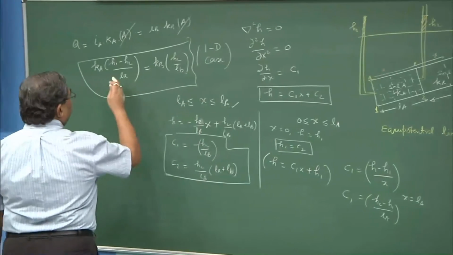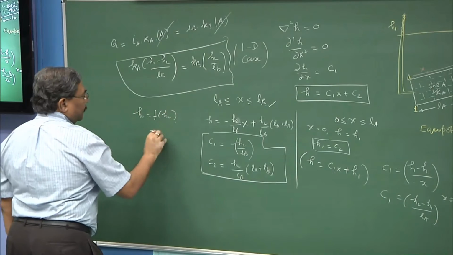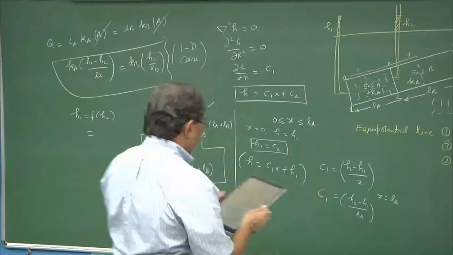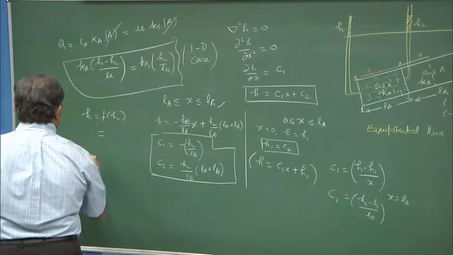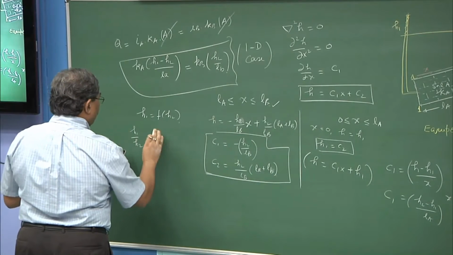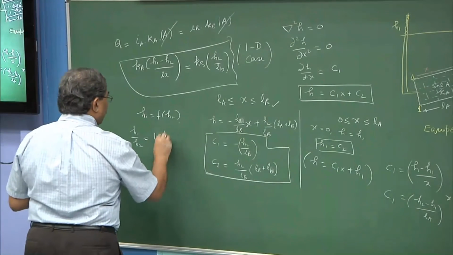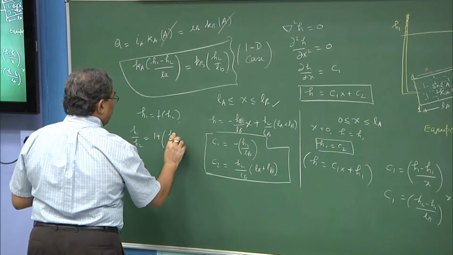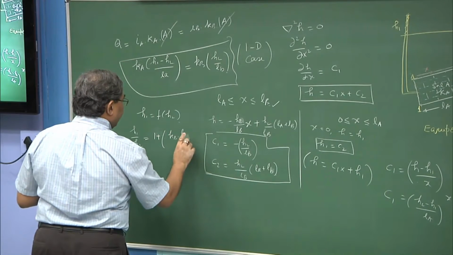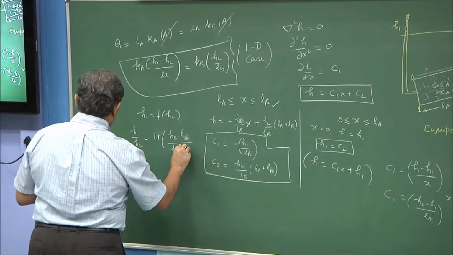So, from here I can get h1 as a function of h2, and if you solve this expression, you will be getting h1 upon h2 will be equal to 1 plus (kb into LA) upon (ka into LB).